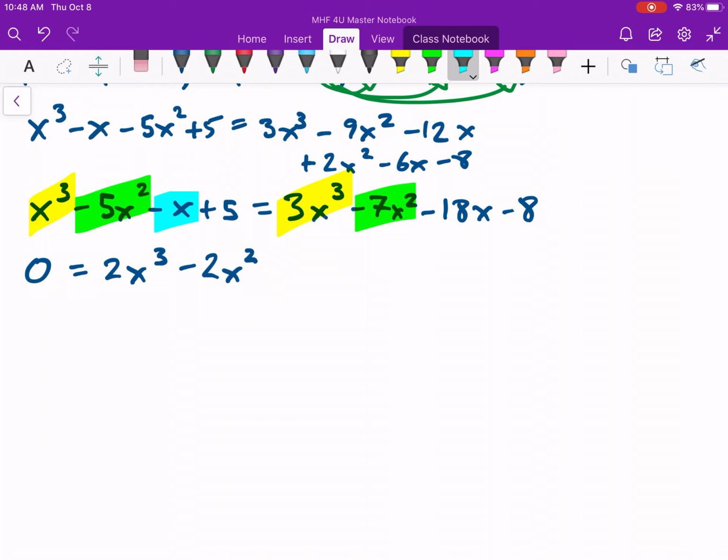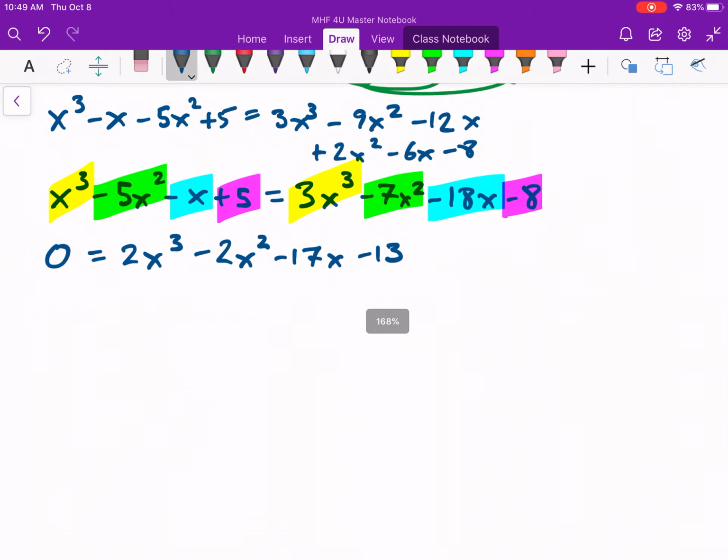And hopefully you can see how the pattern goes. We're just rearranging a bit and combining those ones, and we get minus 13. Okay, so now we've got an even simpler looking polynomial, and we learned a few lessons ago that we can solve this polynomial by using the factor theorem and some form of division to break it down into something that we can work with.